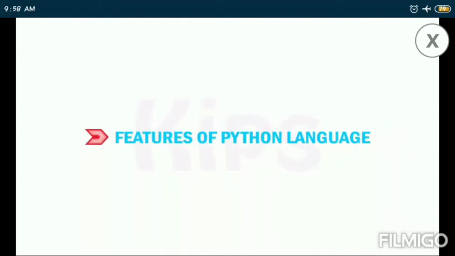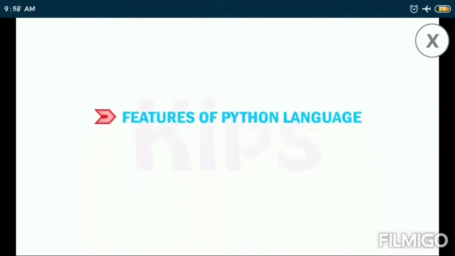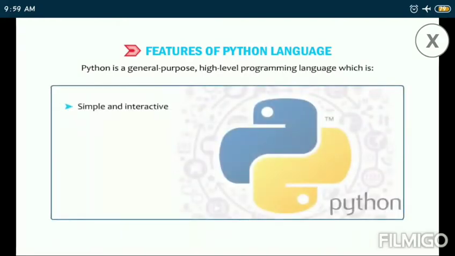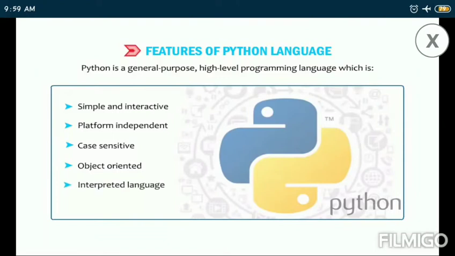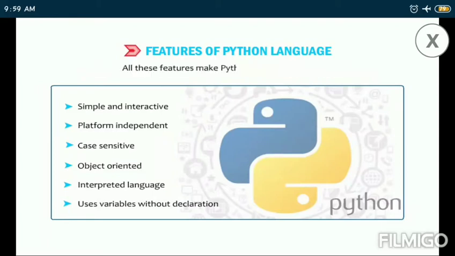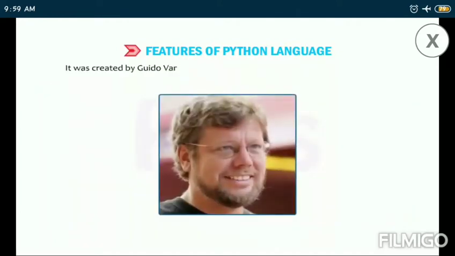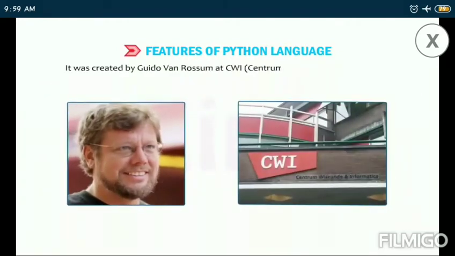Students, let us know about the features of Python language. Python is a general-purpose, high-level programming language which is simple and interactive, platform-independent, case-sensitive, object-oriented, and interpreted, and uses variables without declaration. All these features make Python a popular language. It was created by Guido van Rossum at CWI, Centrum Wiskunde & Informatica.